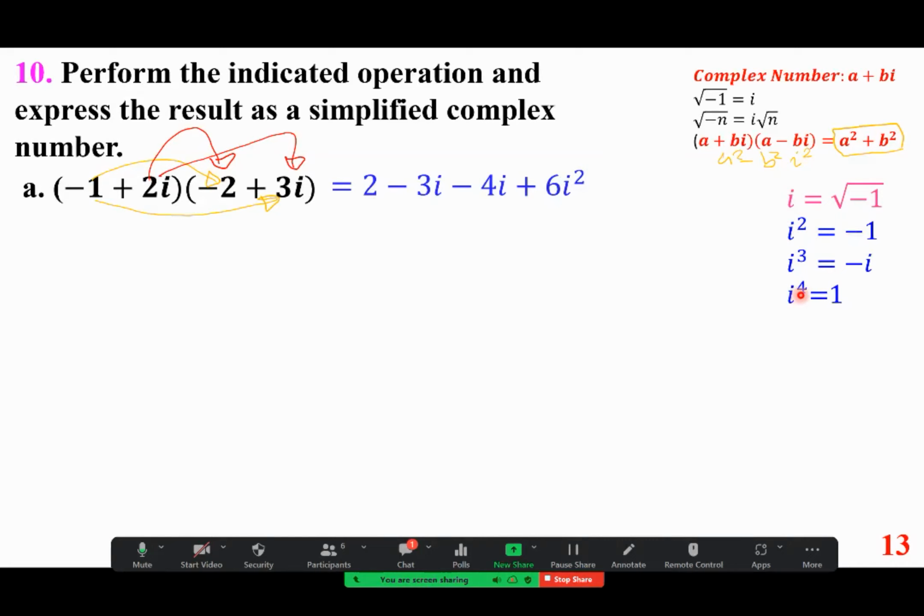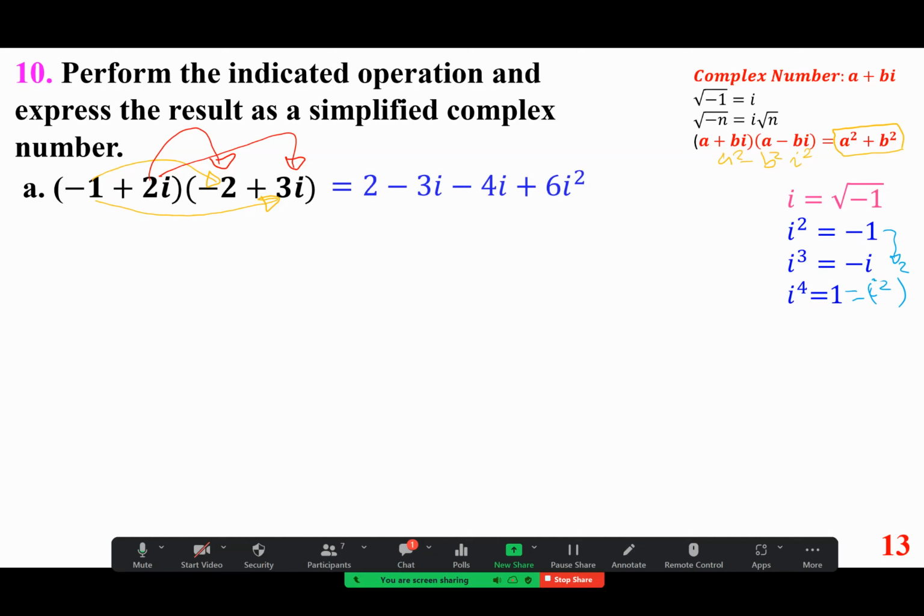And i to the power of 4, again, is multiply these two, or just say i squared to the second power. So let me just make sure everybody understands how we arrive at the answer. This is i squared, which is negative 1 to the second power.